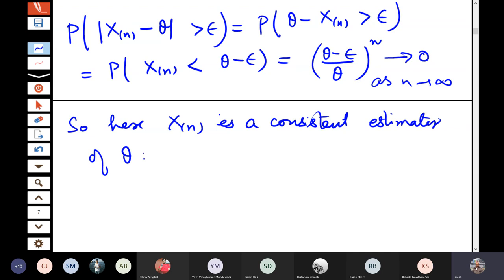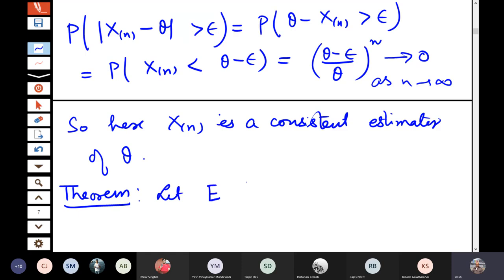Once again, we will also look at the popular ones. The popular ones are the sample mean, the variance, the median, etc. So in general, we have a statement, and I'll state it as a theorem here.